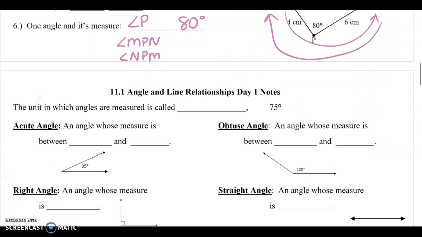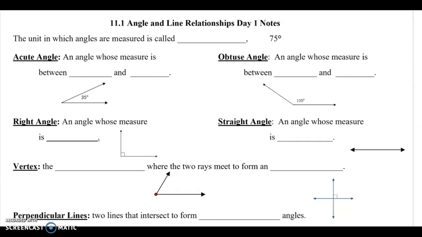Next thing we're going to talk about is these words that you've heard over and over and over again. So acute angle, obtuse angle, straight, and right angle. So the unit in which we measure angles is degrees. An acute angle is between 0 degrees and 90 degrees, in between, so not including.